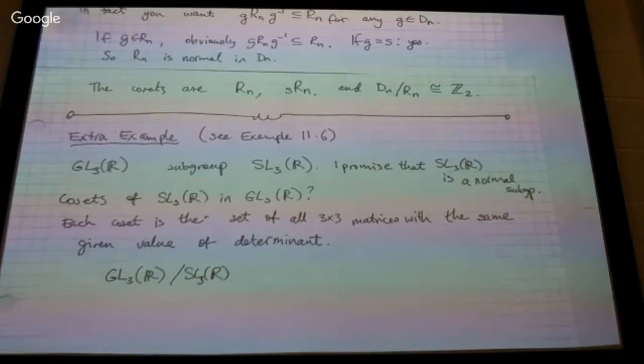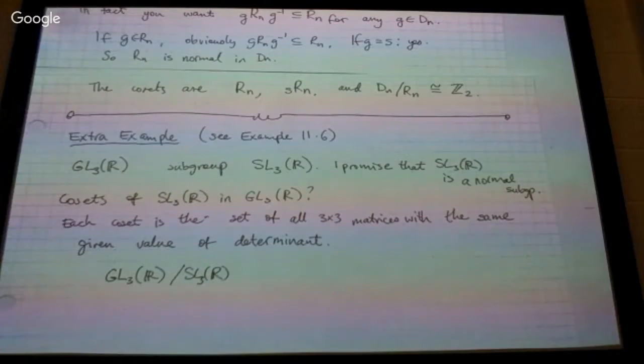You've got cosets as the elements. Now, this coset is all matrices with the same determinant, so you assign to it x.